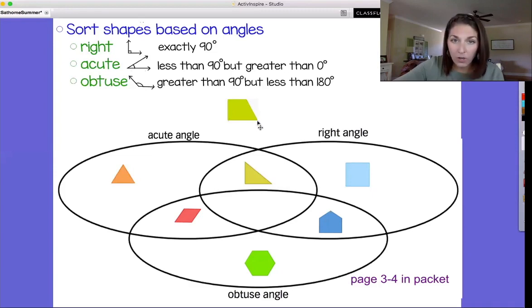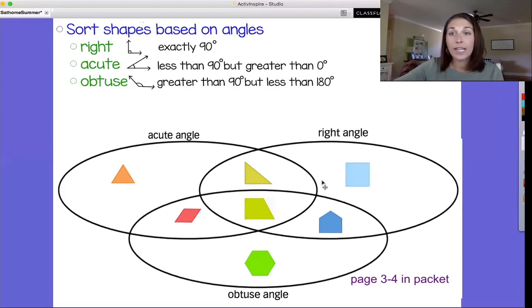And in this corner, I see an angle that is less than 90 degrees, or an acute angle. So this shape has all 3 types of angles, and it would go into my center category of having acute, right, and obtuse angles.